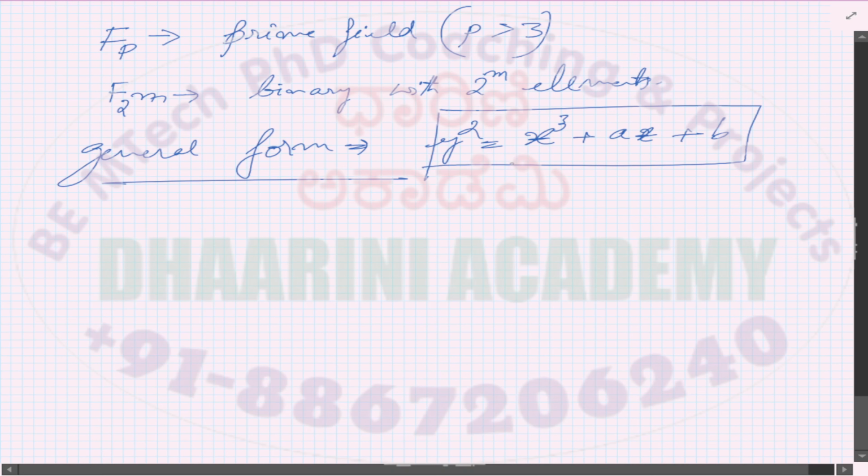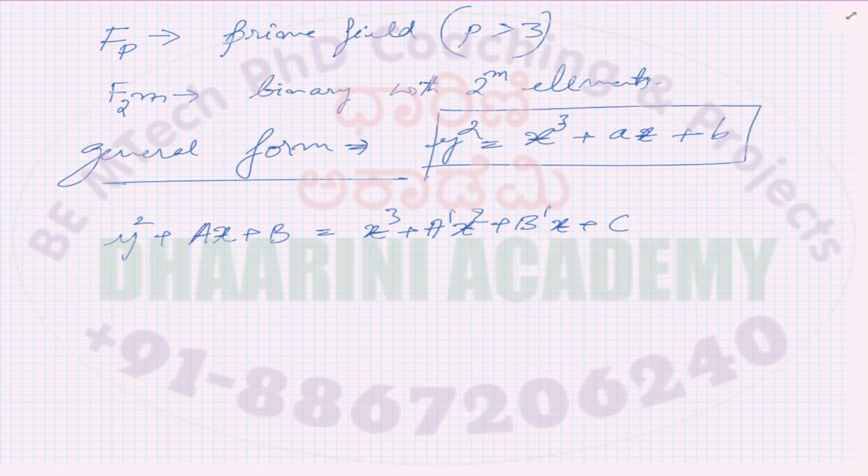There is what is called the general form of the elliptic curves, which has terms containing y square plus, maybe I'll write a times x plus b, is equal to x cube plus something like a dash into x square plus b dash into x plus c. Maybe it is in this format. This is the general format of an elliptic curve.